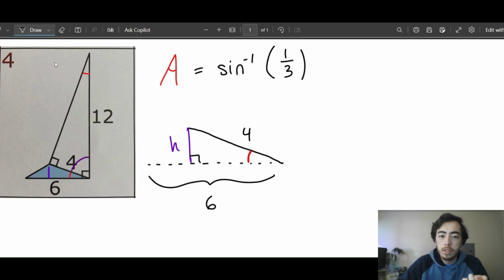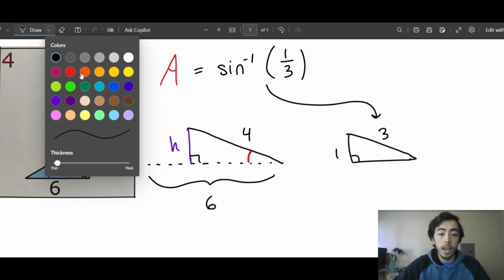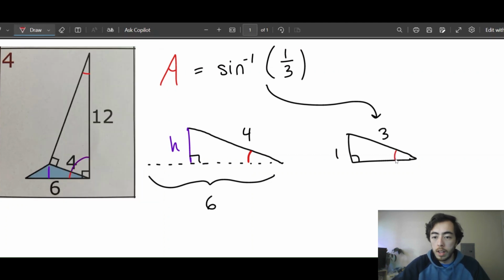Sometimes when you're doing stuff with inverse trig, you could think about this as drawing a triangle for you. I'll show you what I mean. Sine, again, is opposite over hypotenuse. So I could draw a triangle whose opposite side is a 1 and whose hypotenuse is a 3. And then I'm going to get exactly that same red angle right here.